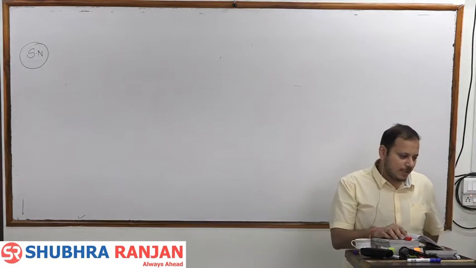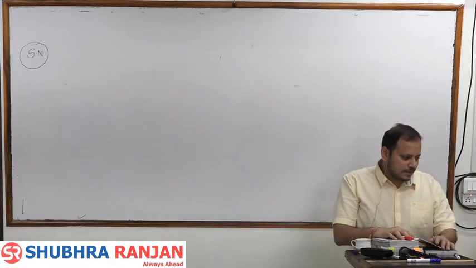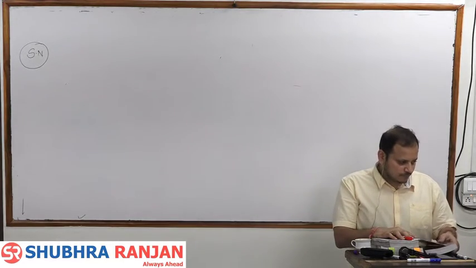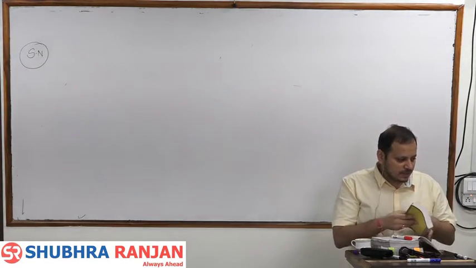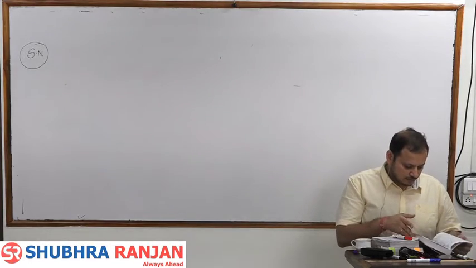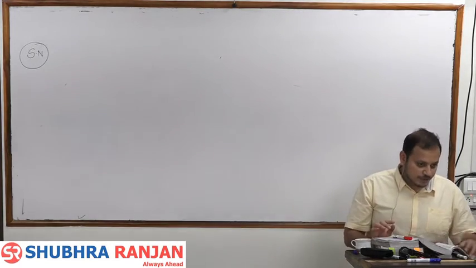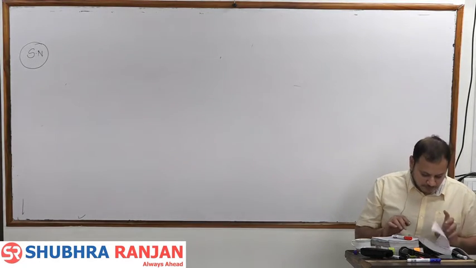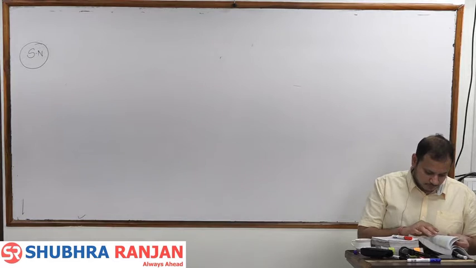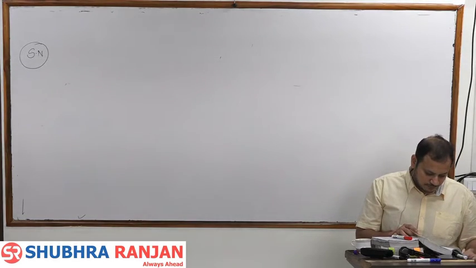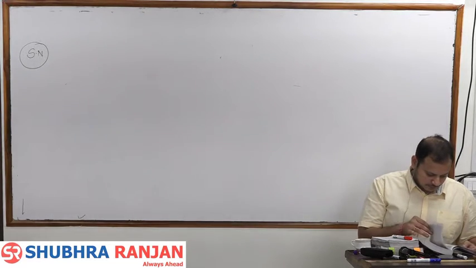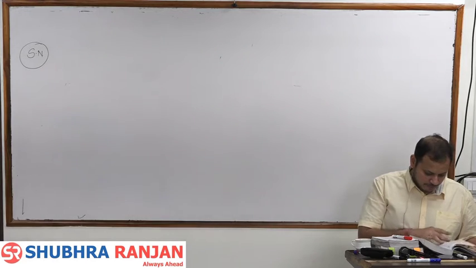So second law of geomorphology is: landform in any area is an outcome of structure, process and time.